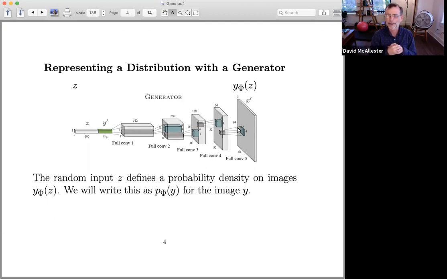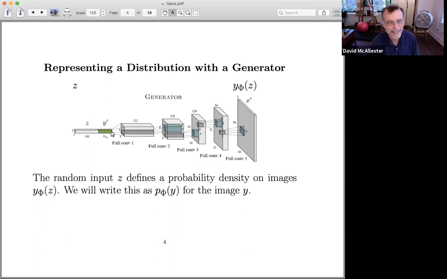So this is a picture of an image generator. The image generator starts with a high dimensional random variable, Z. We're just going to draw a large number of numbers, a high dimensional vector. Each one of those numbers is going to be drawn from a one-dimensional Gaussian. So this gives us a very high dimensional isotropic Gaussian that we sample from.